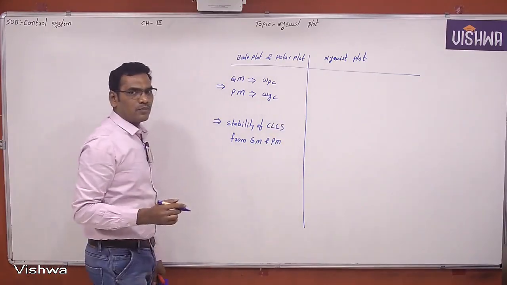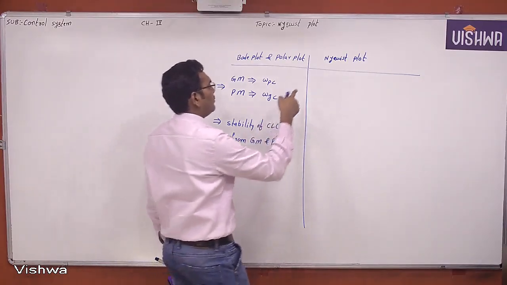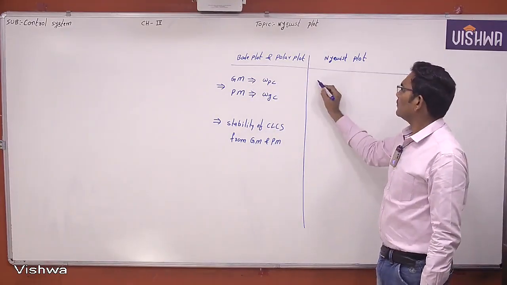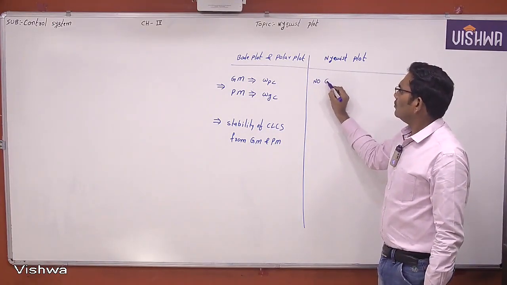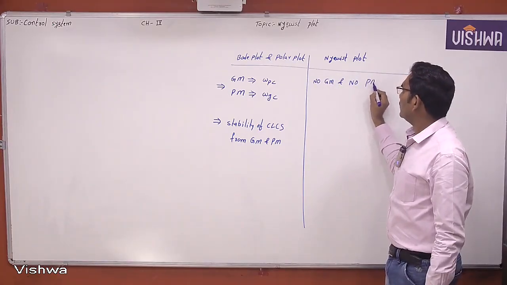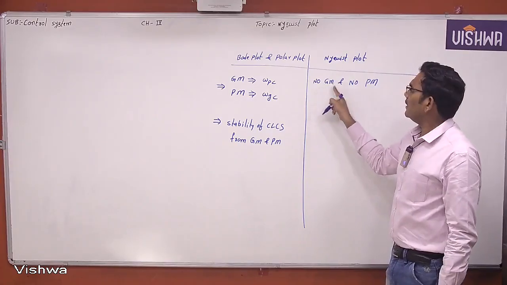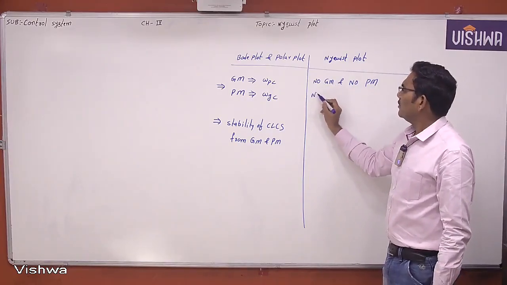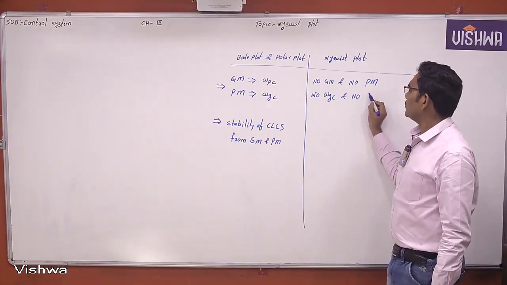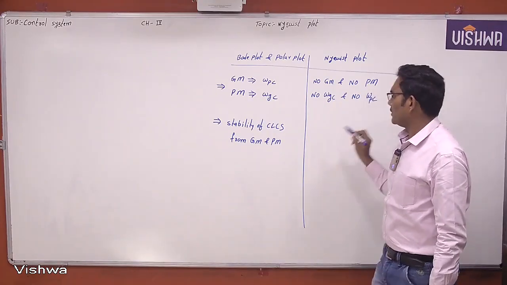But the Nyquist plot does not depend upon gain margin and phase margin. No gain margin, no phase margin, no gain crossover frequency, and no phase crossover frequency.